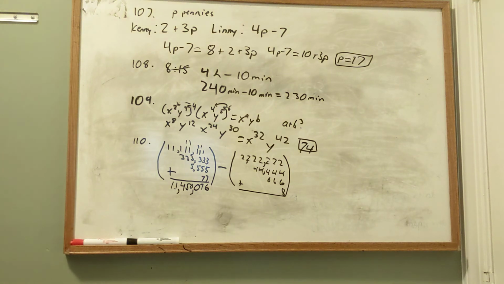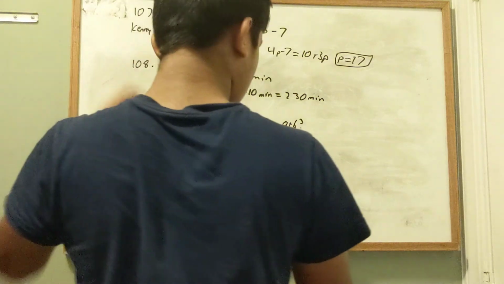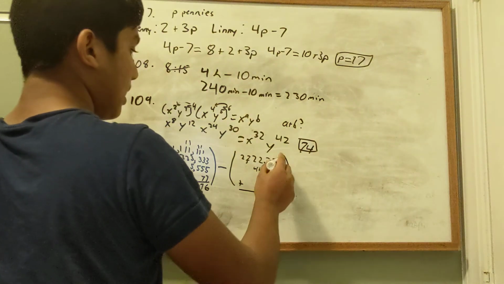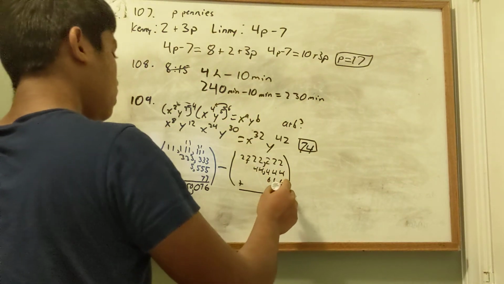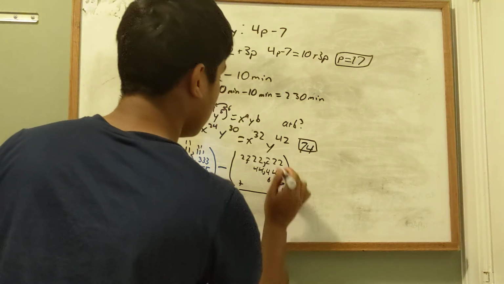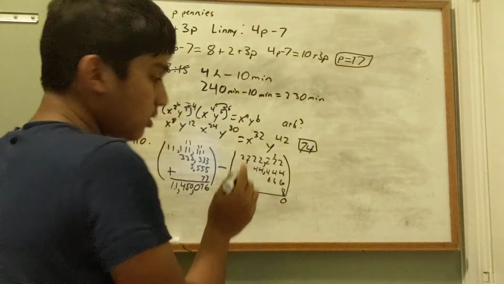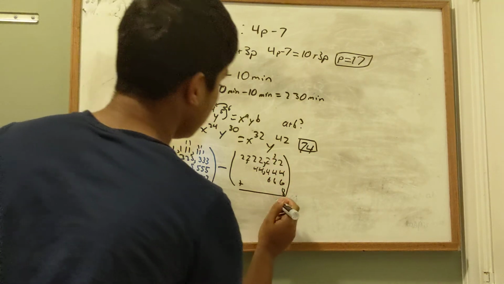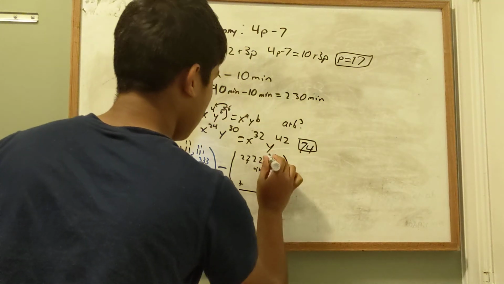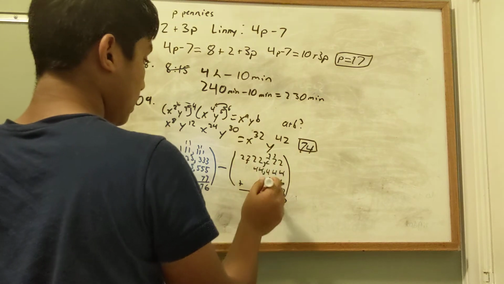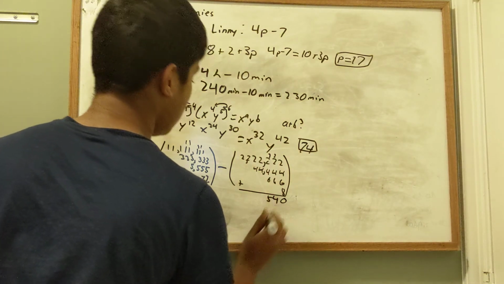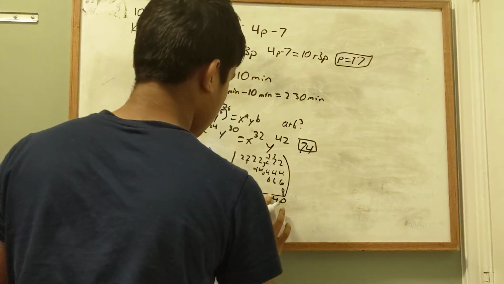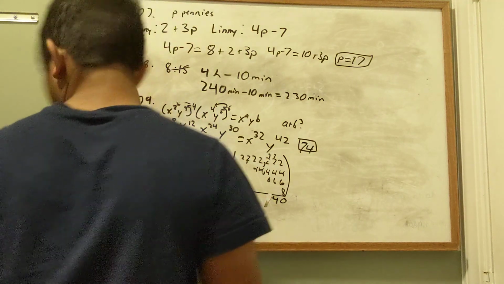And then for the second part, you'd add these. So you get 2 plus 4, 6, 6 plus 6, 12, plus 8, 20. Carry the 2, 2 plus 2 plus 4 plus 6, and that would give you 14. Carry the 1. Or not 14 plus 1.